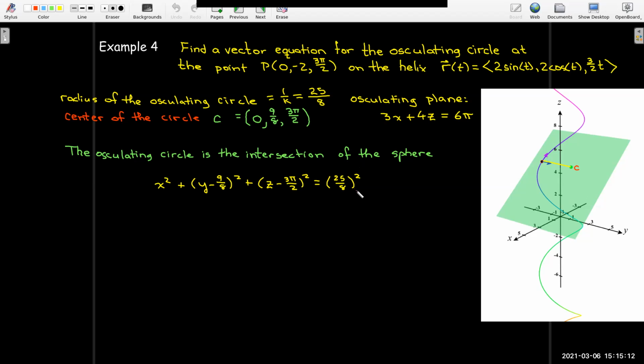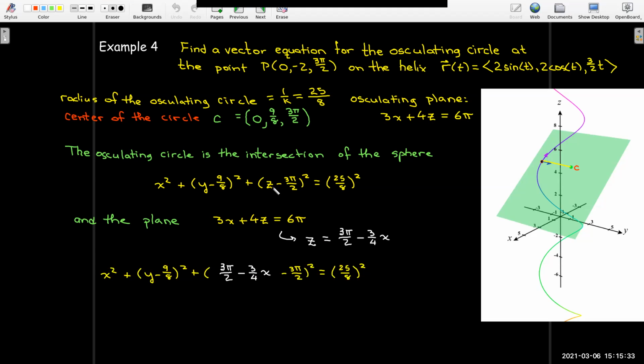I only want the great circle of that sphere, which is in the given plane. So I need to find the intersection of those two surfaces, and I'll just do some algebra. I'll solve for z in my equation for the plane and substitute that in for z in the equation of the sphere. That's going to leave me with an equation with only x and y.